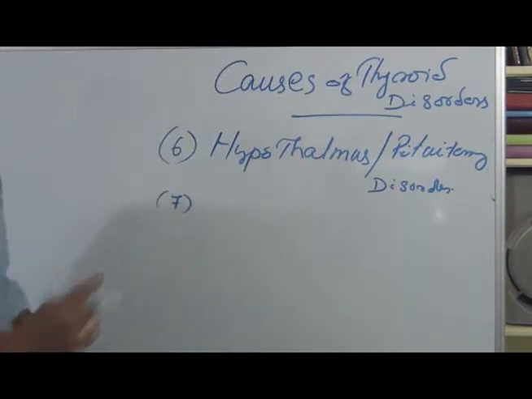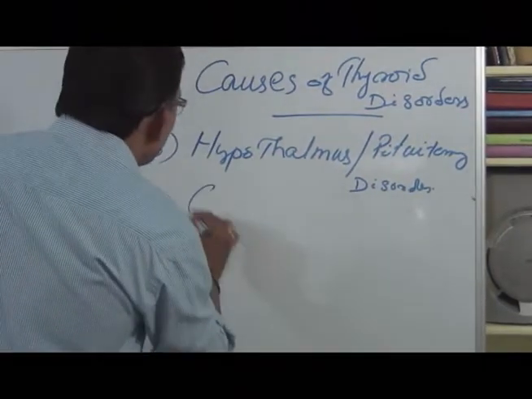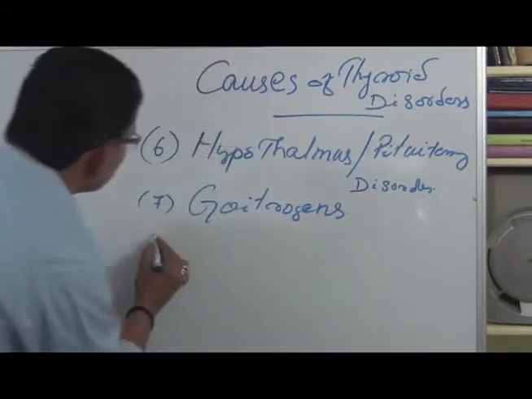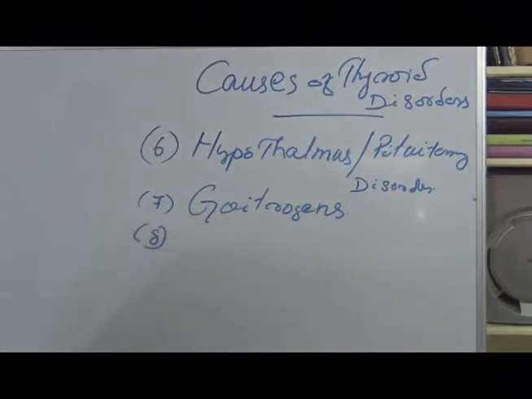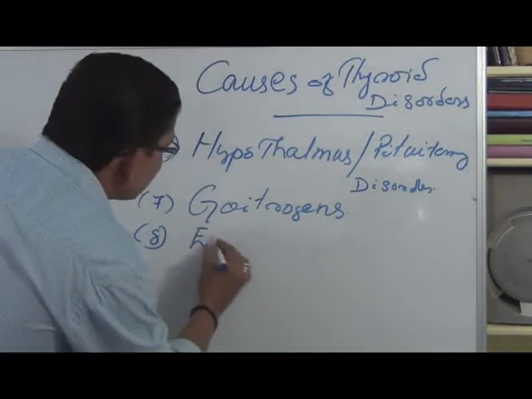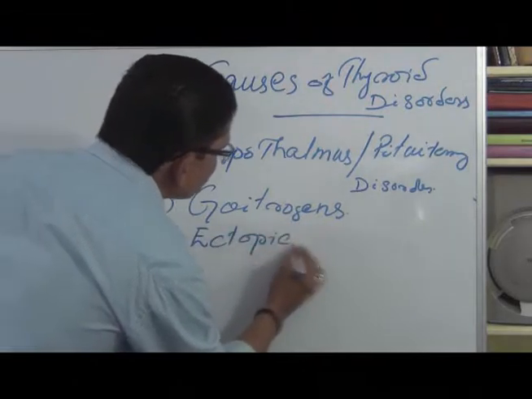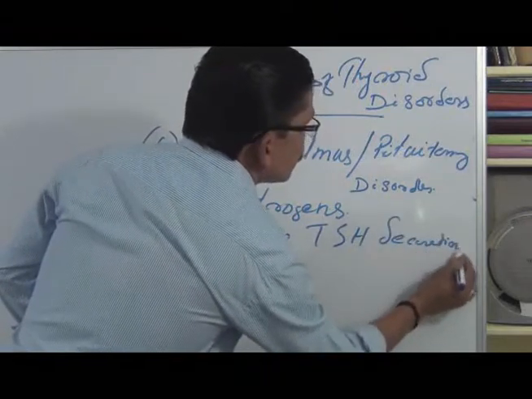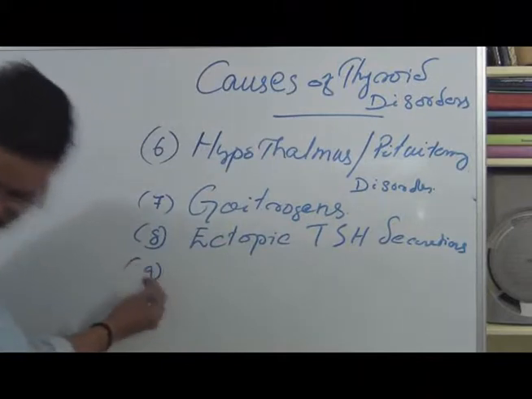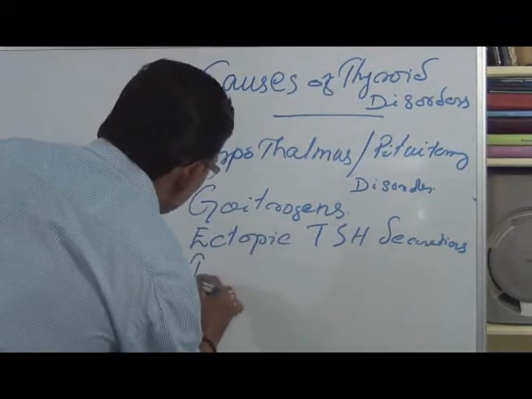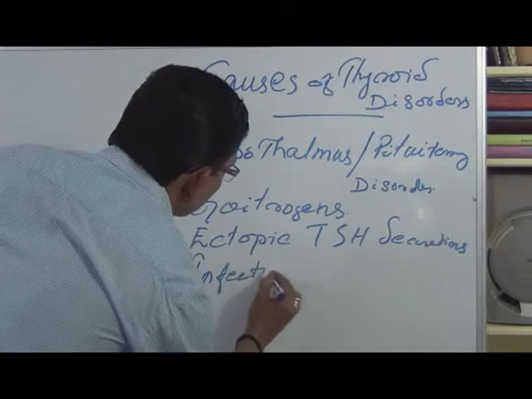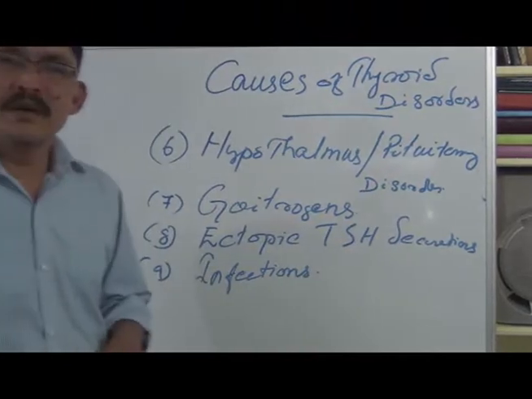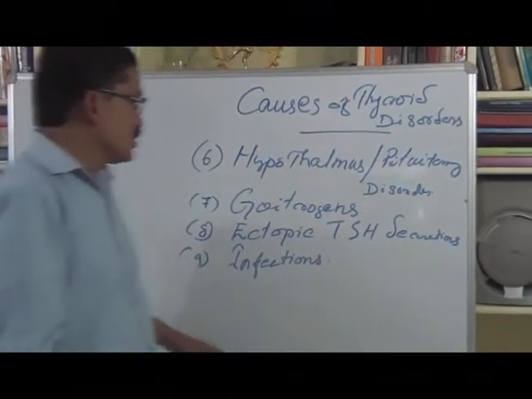Then goitrogens. Next is ectopic TSH secretions. Then infections. So these are the main causes of thyroid problems.